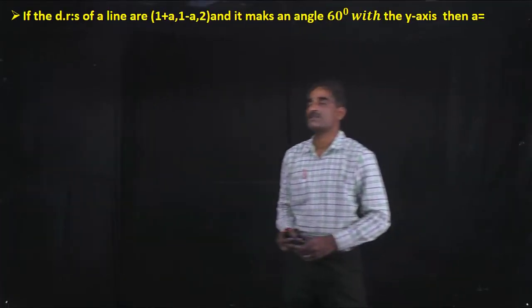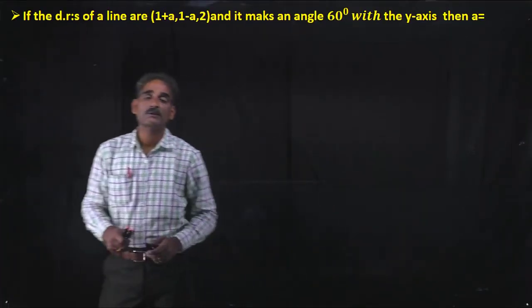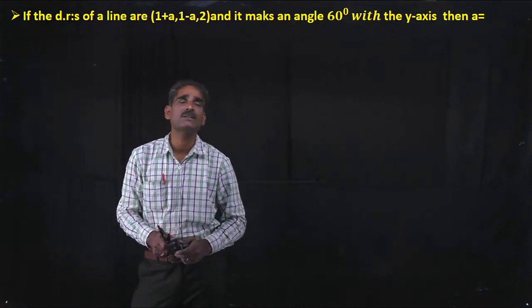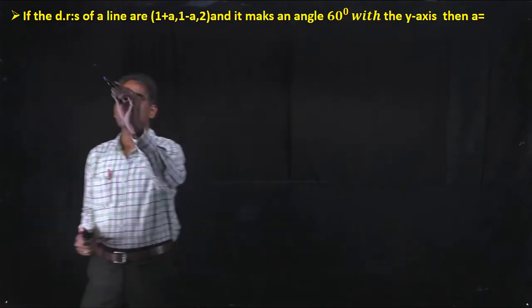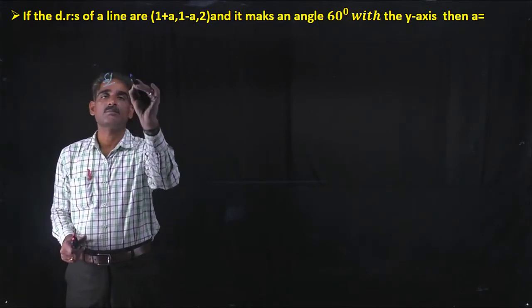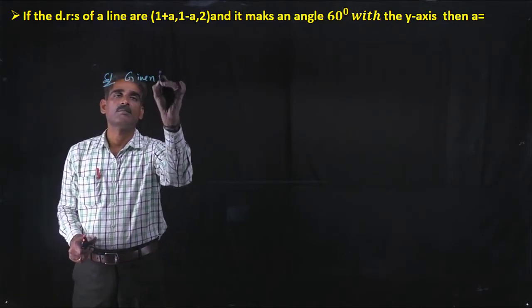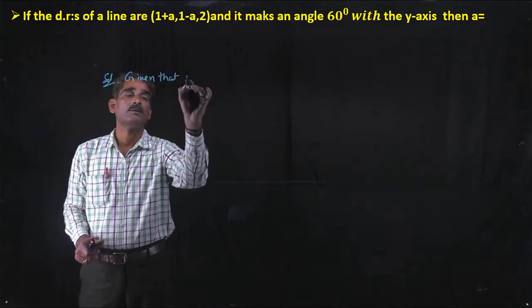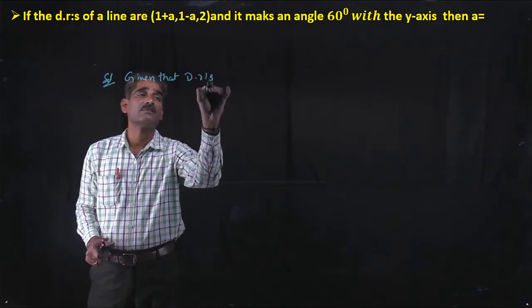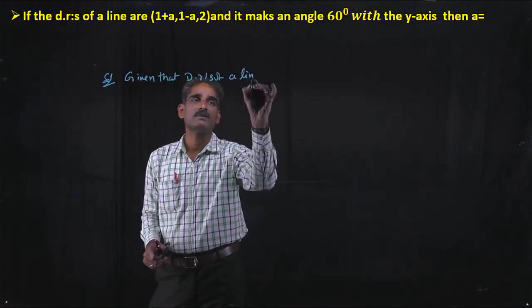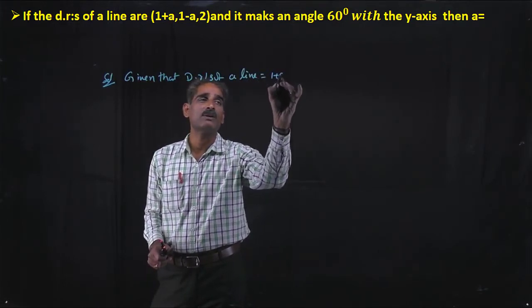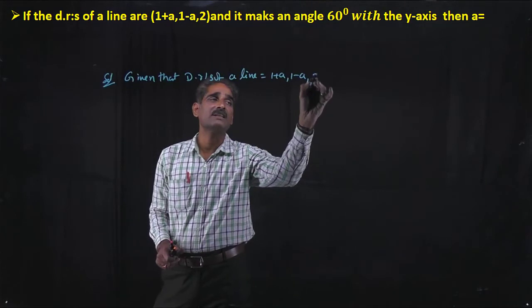Okay, see this problem. 1 plus a, 1 minus a and 2 are the DRs of the line which makes 60 degrees with the y axis. So given that DRs of a line equal 1 plus a, 1 minus a, 2.